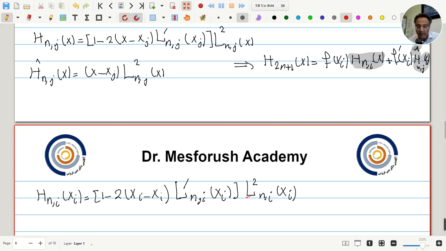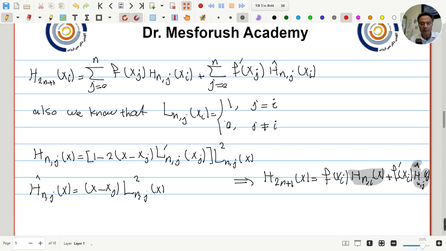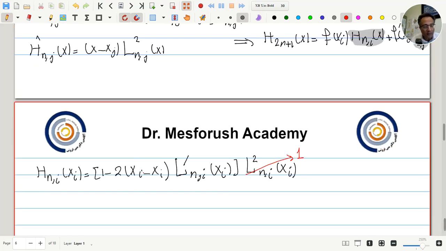We know that this term will be 1, and also this will be 0, so this term totally will be 0, and from the first part remains 1. So totally it will be 1. So this term is 1.